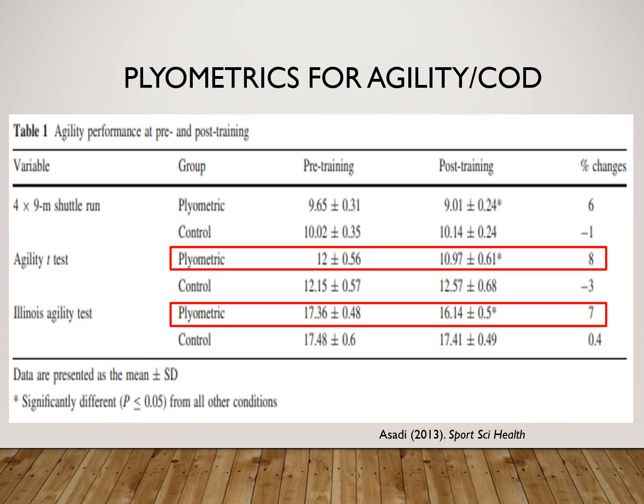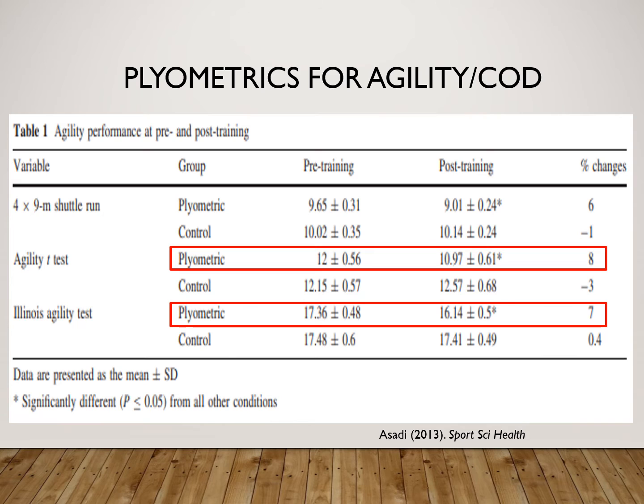So 8% change for the agility t-test and a 7% change in the Illinois agility test. Quite significant changes in overall performance, which if you translate to the actual sporting domain, obviously any change of 7 to 8% can have a rather large impact on overall sport performance.